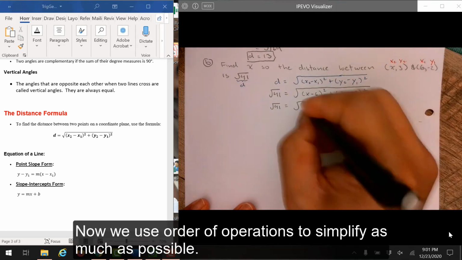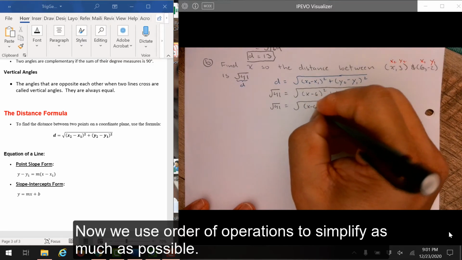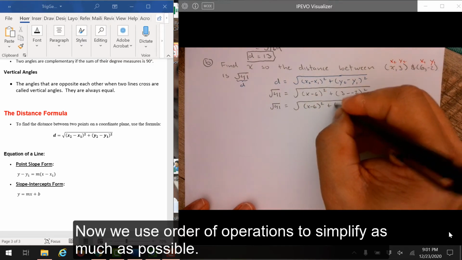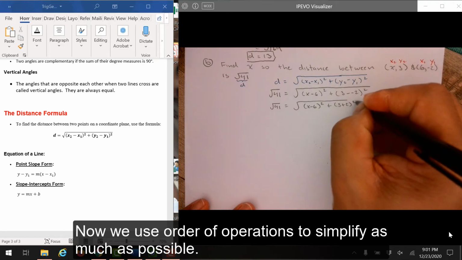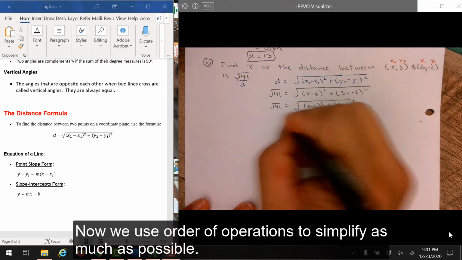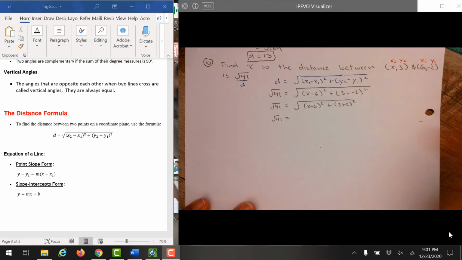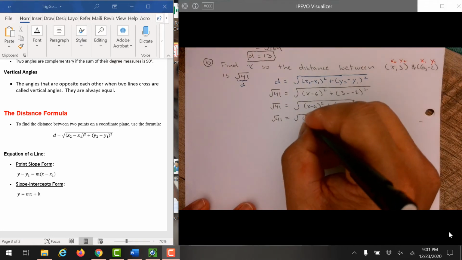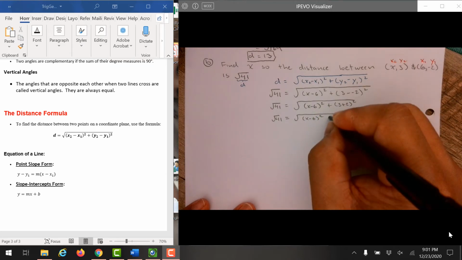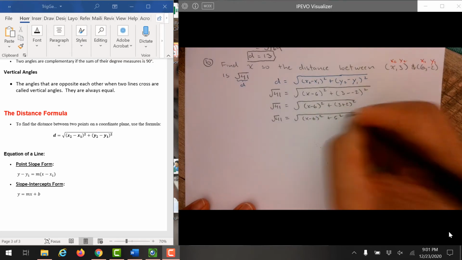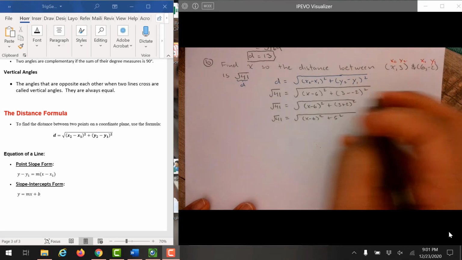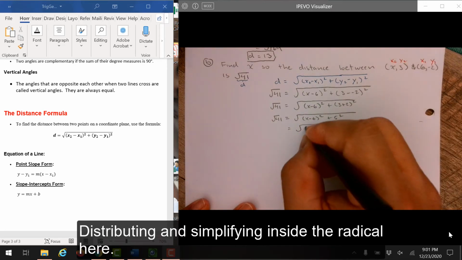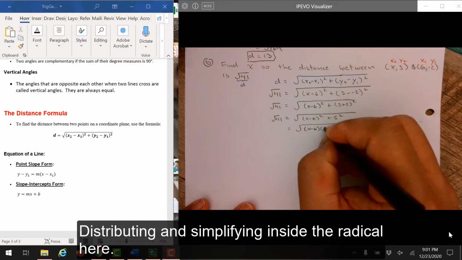Now we use order of operations to simplify as much as possible. Distributing and simplifying inside the radical here.